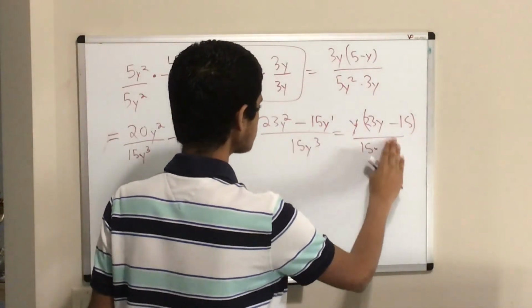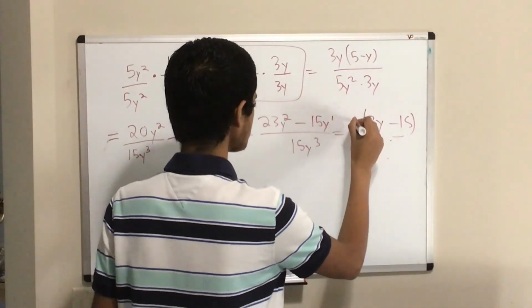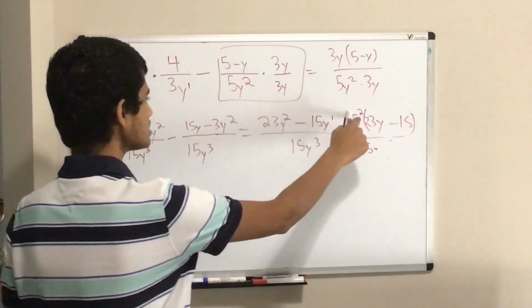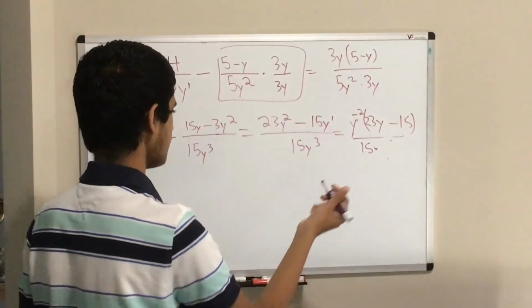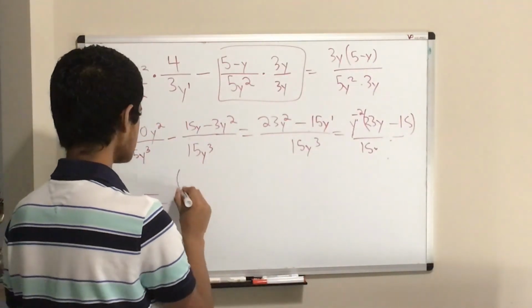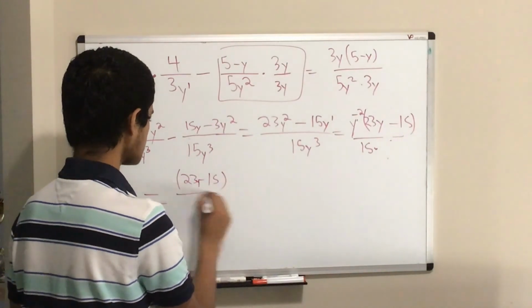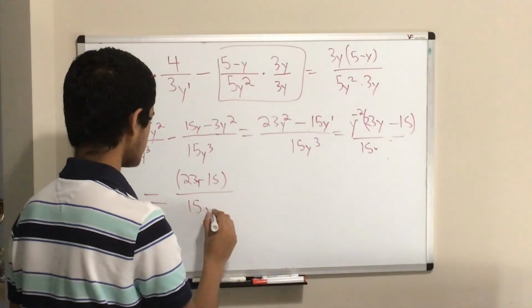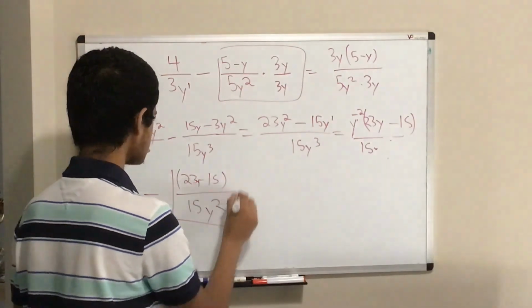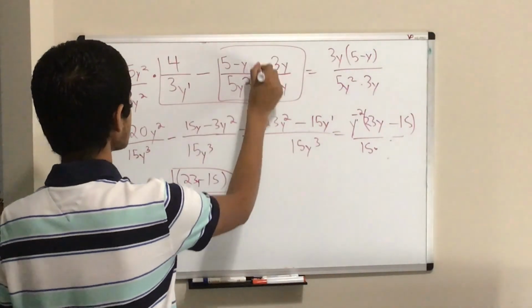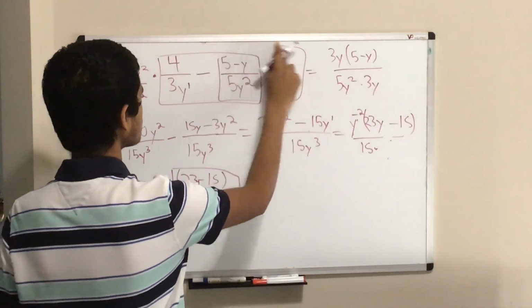So we're going to remove this y, and this is going to become y to the power of negative 2. And since it's a negative 2, we're just going to flip it down to the denominator, and this is going to be the same thing as 23y minus 15 divided by 15y squared. And that is our final answer for solving this expression over here.